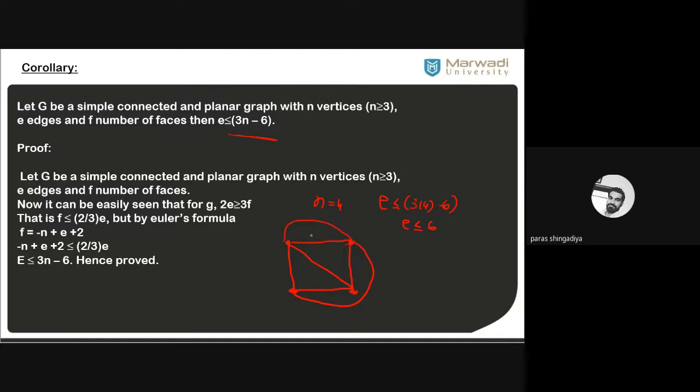If I add a loop here, it also contradicts the definition of simple. Therefore, the maximum I can use is up to 6 edges. So that you can define the boundary for that. Just 1 minute.